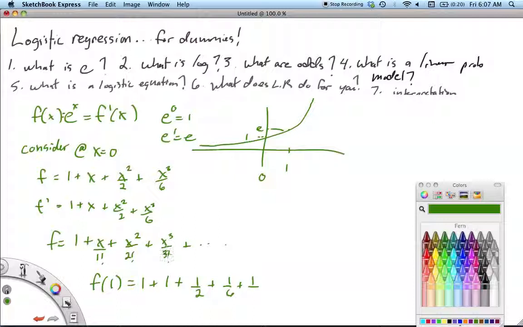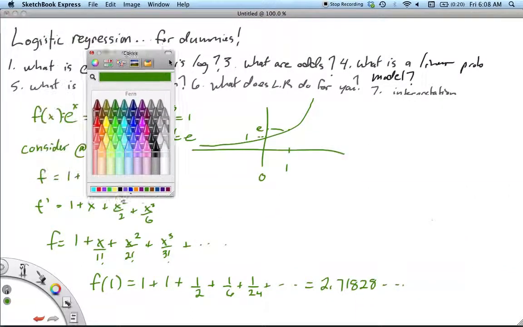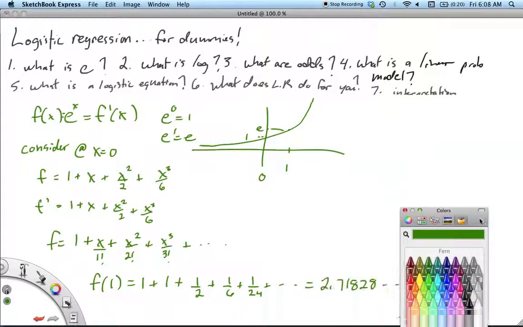What's that? 4 times 3 times 2. 4 times 3 is 12 times 2. 1 over 24. This is equal to 2.71828, blah, blah, blah. Okay. So that's one way that you want to think about e.